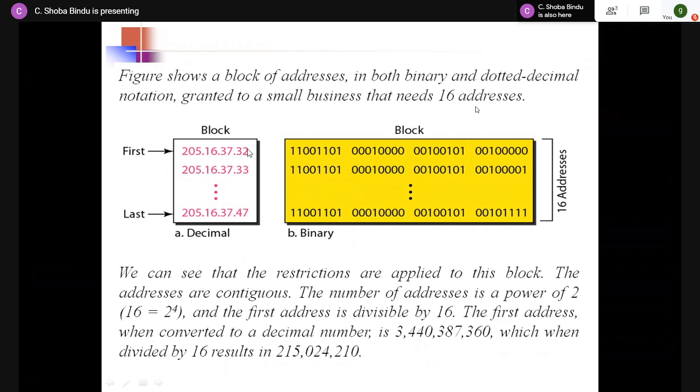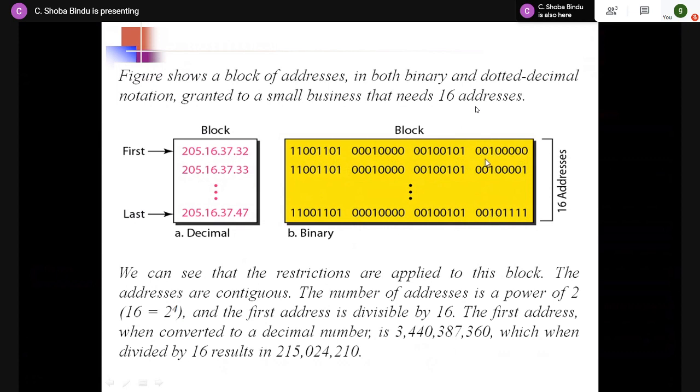If you represent them in binary, these are the binary representations. Here you can see that up to these locations, it is common for all these blocks. The first 3 bytes are common, and in the last byte, the first 2 bits are also common for all these addresses.